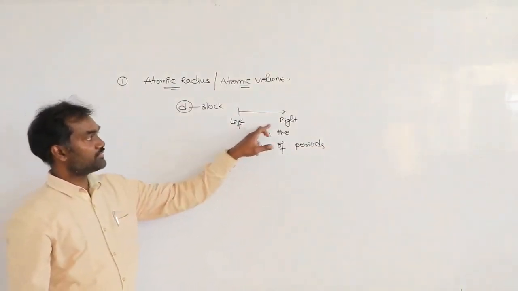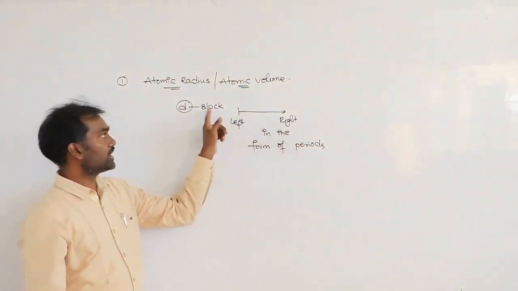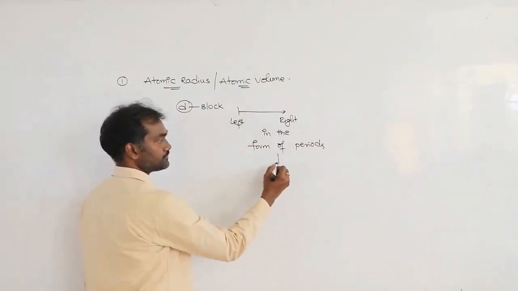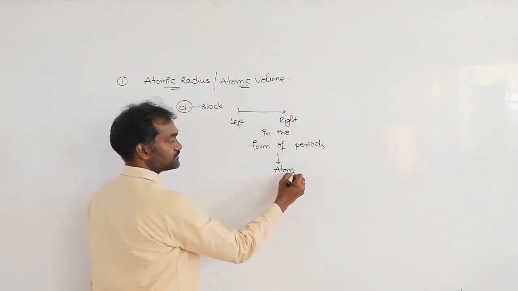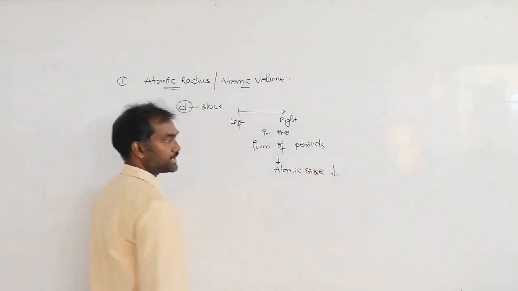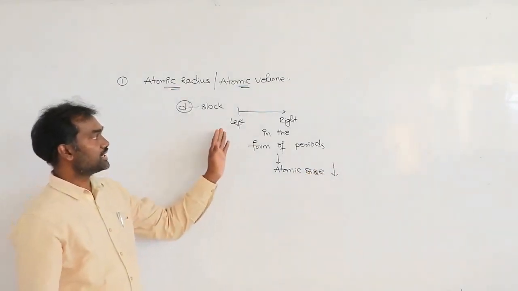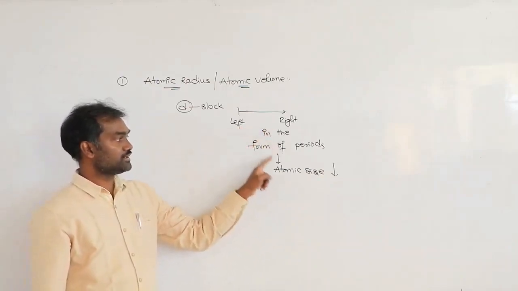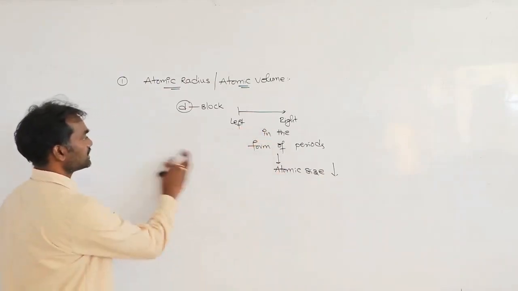When we are moving left to right in the periodic table, what happens? The atomic size gradually decreases.